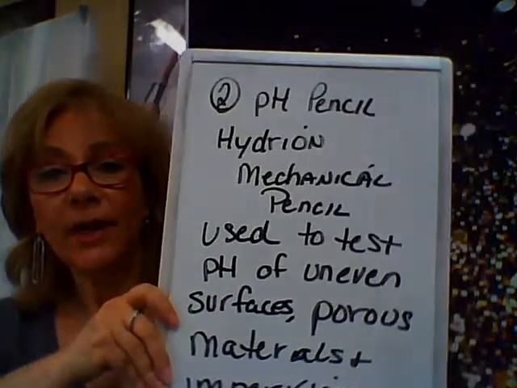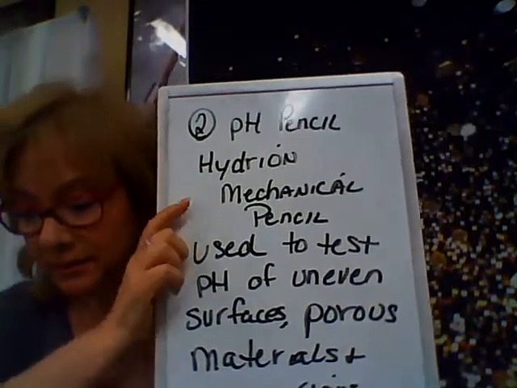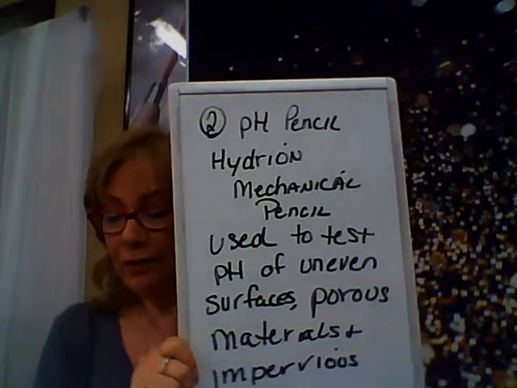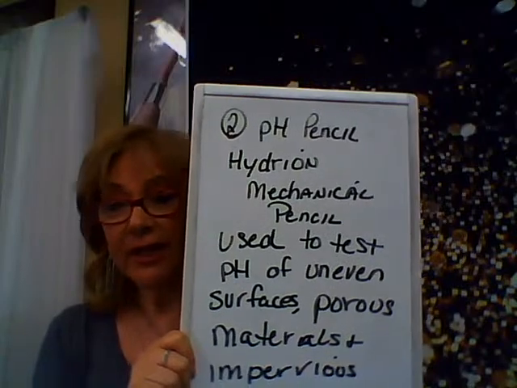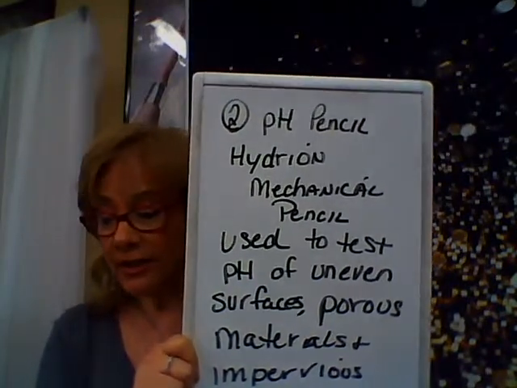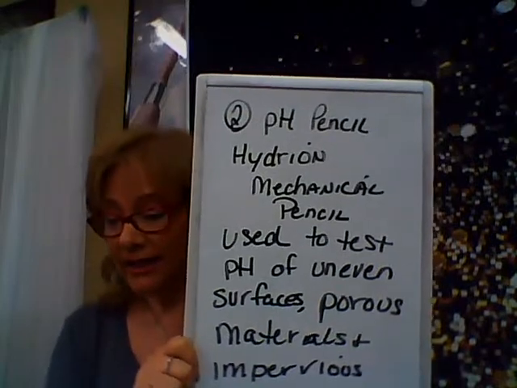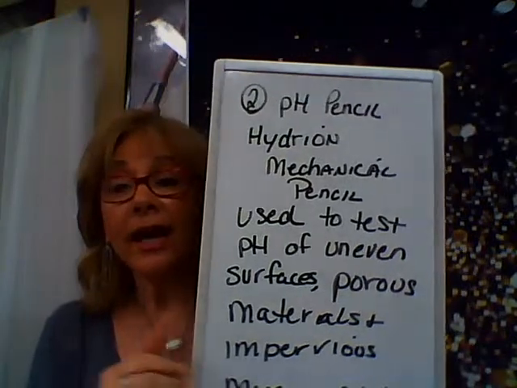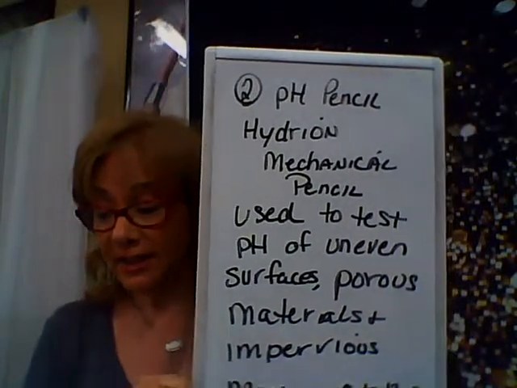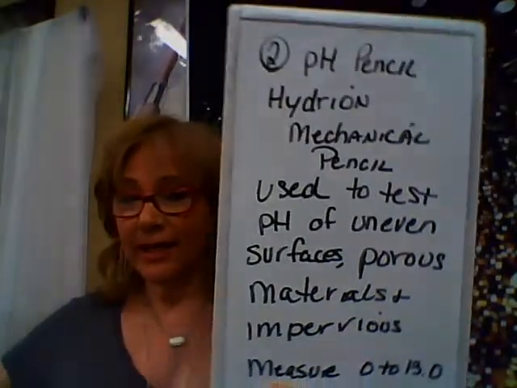And they can measure 0 to 13.0 in terms of the pH. Okay, pH pencil, Hydrian mechanical pencil, used to test pH levels of uneven surfaces, porous materials, and impervious solids. Okay, it's used to detect acid or alkali residues that are on surfaces. So put that in there. Let me write that in there.